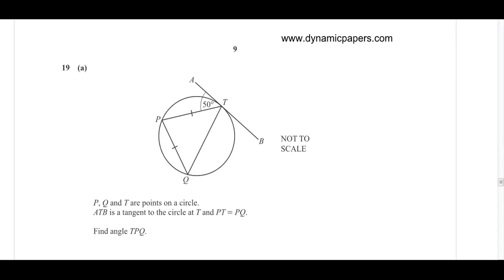Circle theorems, keep in mind. For circle theorems, the best way is to recall your theorems related to circles. In that case, I always recommend to the students, for example, look at the parts. This AB is the tangent. It means this is the angle between the tangent and the chord. If this is the angle between the tangent and the chord, we know that it will be equal to the opposite angle on the circumference.